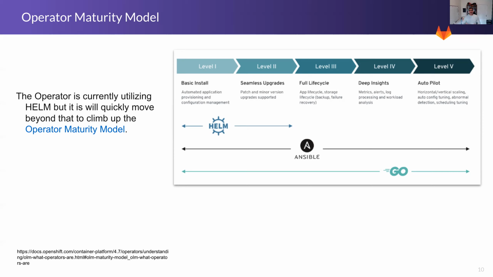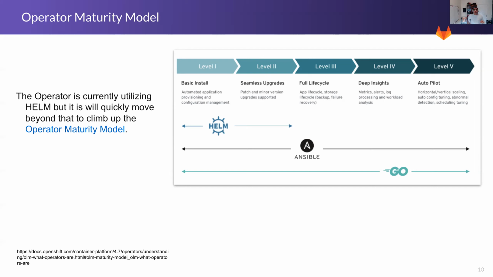Second, use that operator for patch and minor version upgrades, right? So upgrade for me, and I'll show you that in the demo, upgrade GitLab from version like 10.34, I'm just making that up, to 10.35, the next version. Now, these two are supported using the Helm-based operator.